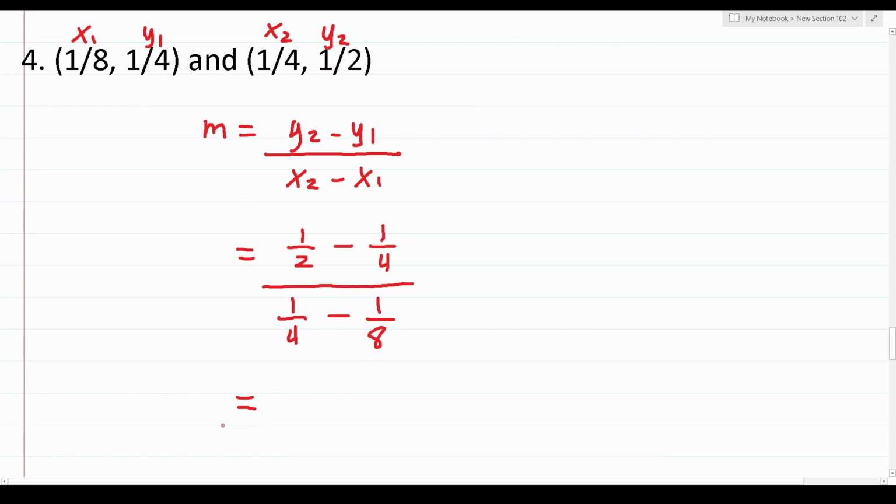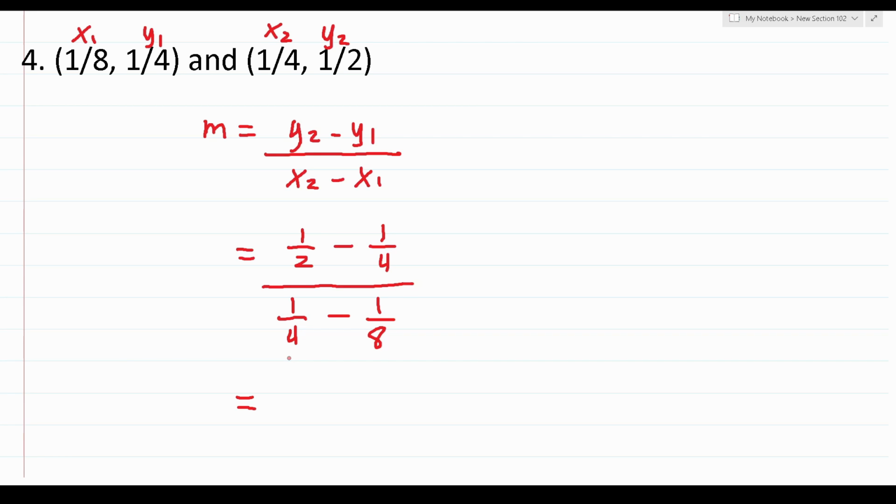All right, so it wouldn't be one of my videos if I didn't include fractions in it. So here we go. As you can see, in both the numerator and denominator, we're subtracting fractions. In order to add or subtract fractions, they have to have common denominators. That is, the denominators of the fractions you're trying to subtract have to be the same.